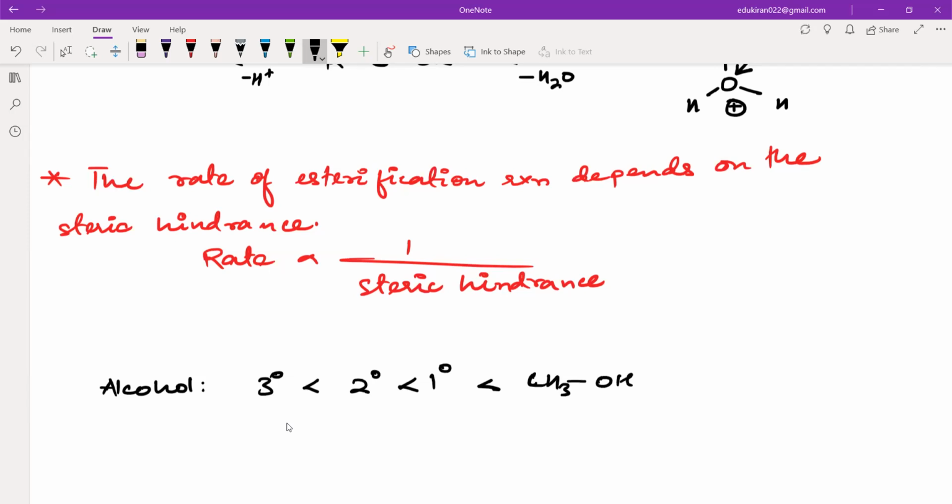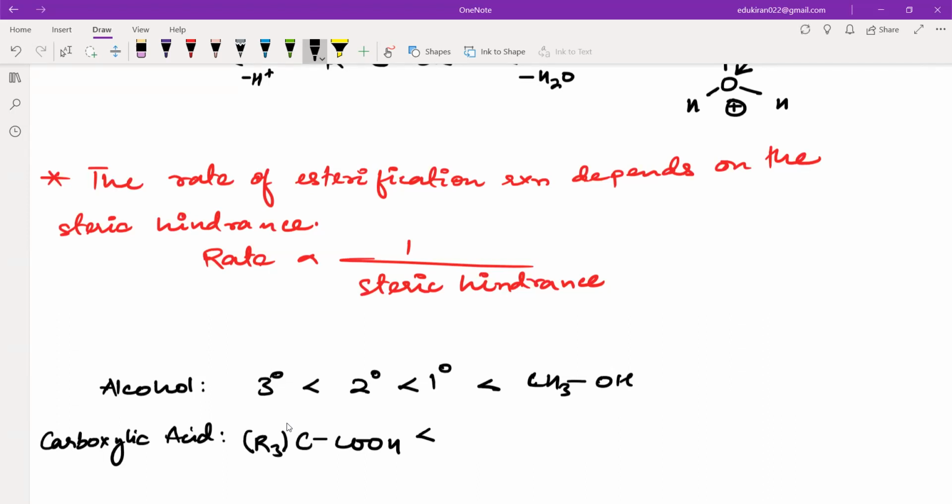See, if I'm going to compare the carboxylic acids, I can say if there's a carboxylic acid like this, this is a tertiary carbon attached to COOH. This carbon is attached with 3 alkyl groups.